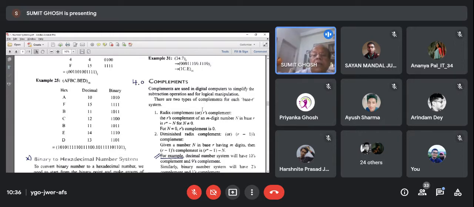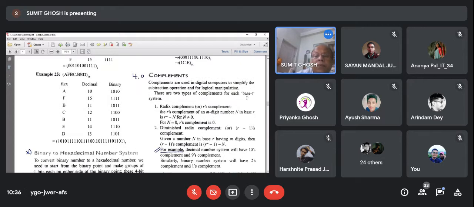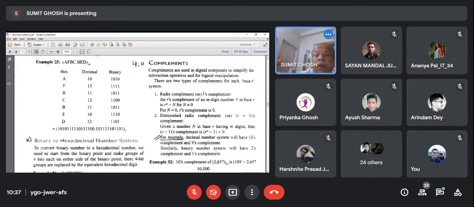Now there are two types of complements for each base R system. Base R means, if the base is 2, then it is binary. If the base is 8, then it is octal. If the base is 10, then it is decimal. If the base is 16, then it is hexadecimal. So for any of these number systems, you can have two types of complements. One is R's complement.